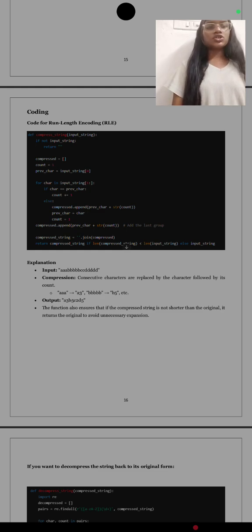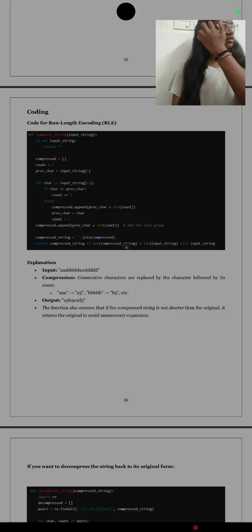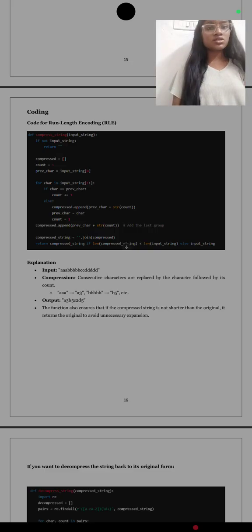The function also ensures that if the compressed string is not shorter than the original, it returns the original to avoid unnecessary expansion. If the compressed string is not shorter than the original one, it automatically returns the original string, because unnecessary expansion is not encouraged.